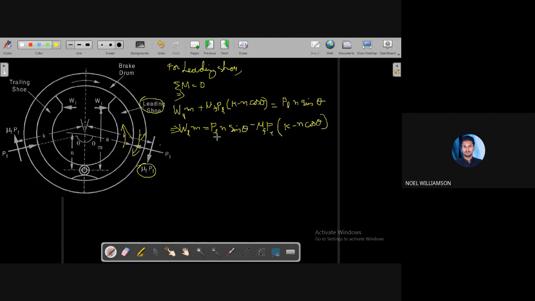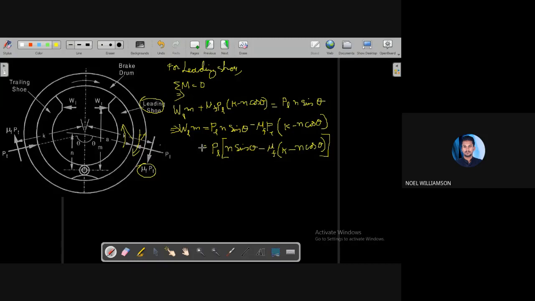That is, we can take PL common and write PL into n sin theta minus mu f into k minus n cos theta.